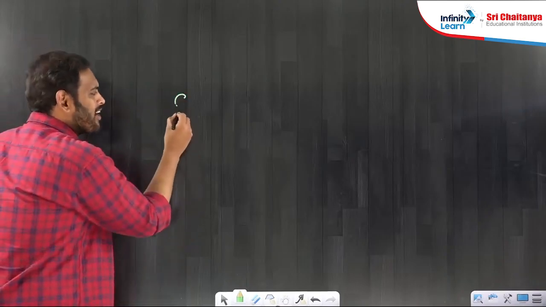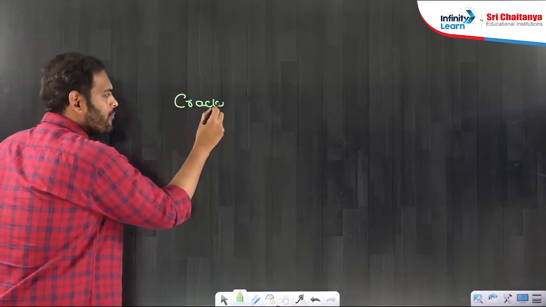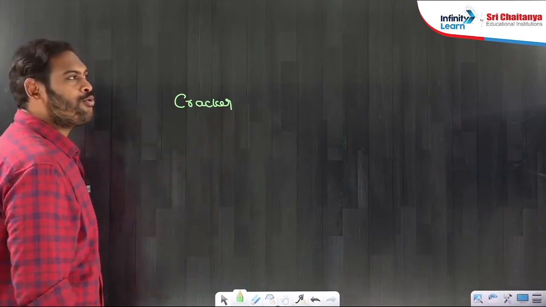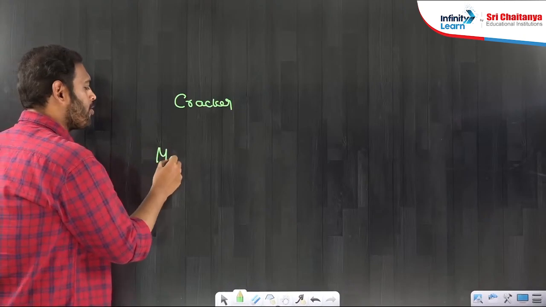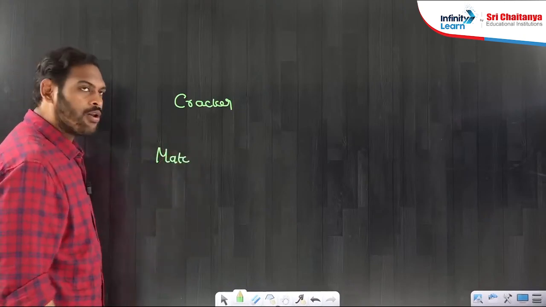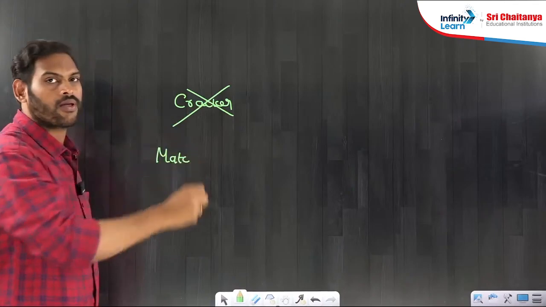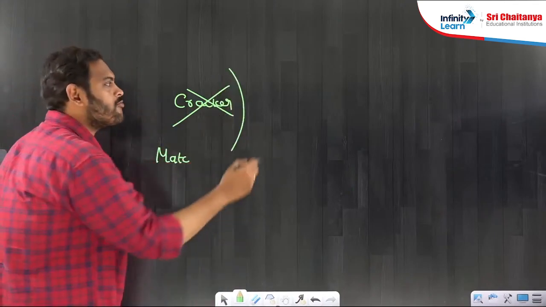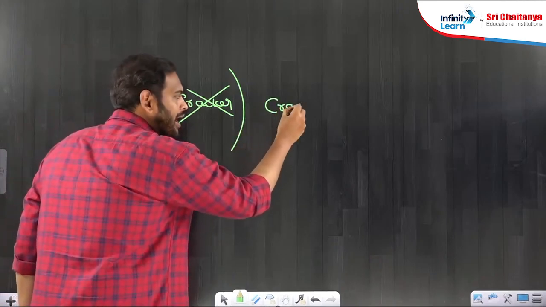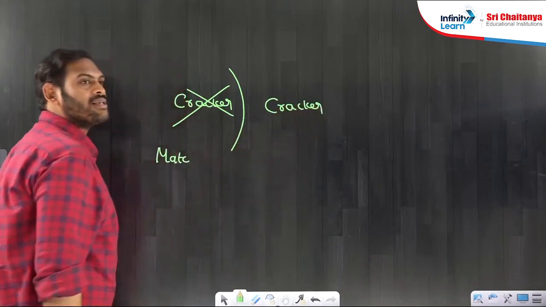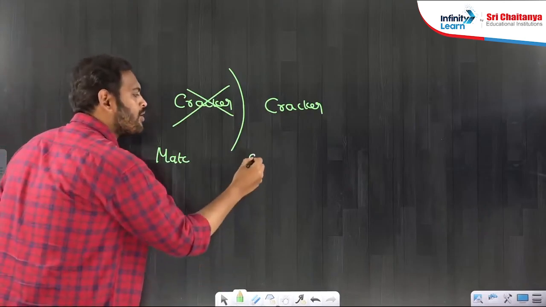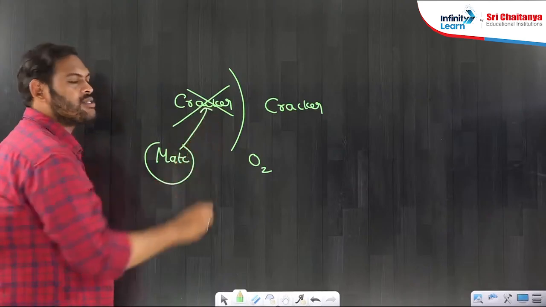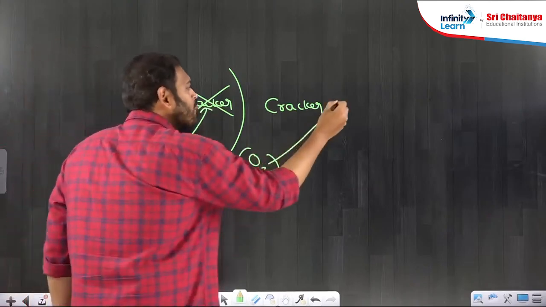If you got firecrackers for Diwali, but somebody forgot to give you a matchbox, without a matchbox you cannot ignite a firecracker. You need some ignition always. Imagine your food molecule is a firecracker, and which molecule can act as an ignition? Of course, oxygen. Just like a matchstick is for a firecracker, similarly, oxygen is for a food molecule.